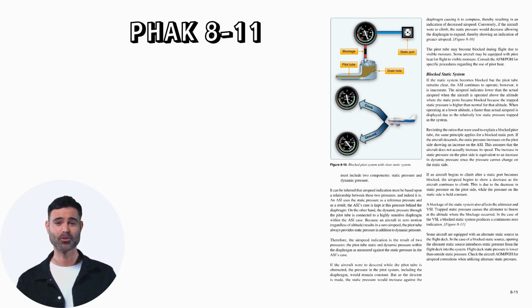If the aircraft were to descend while the pitot tube is obstructed, the pressure in the pitot system, including the diaphragm, would remain constant. But as the descent is made, the static pressure would increase against the diaphragm, causing it to compress, thereby resulting in an indication of decreased airspeed.